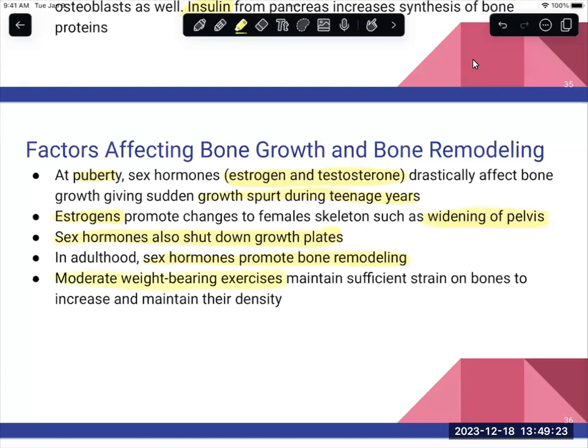Moderate weight-bearing exercises, putting strain on your bones, helps to maintain your bone density. I've mentioned in classes before, some of these different systems are speaking to why you should exercise. This is one of them, especially for females.